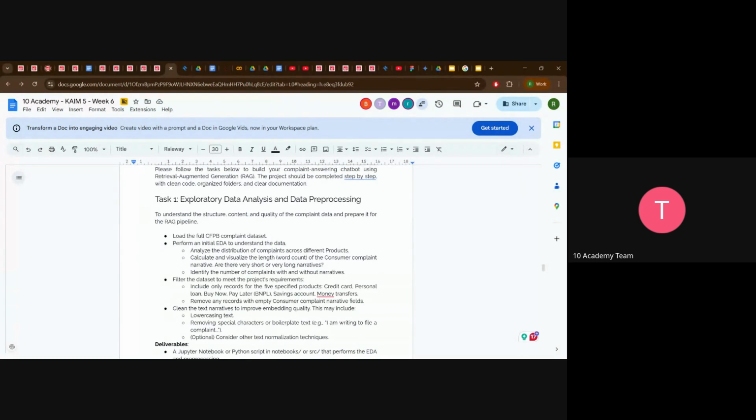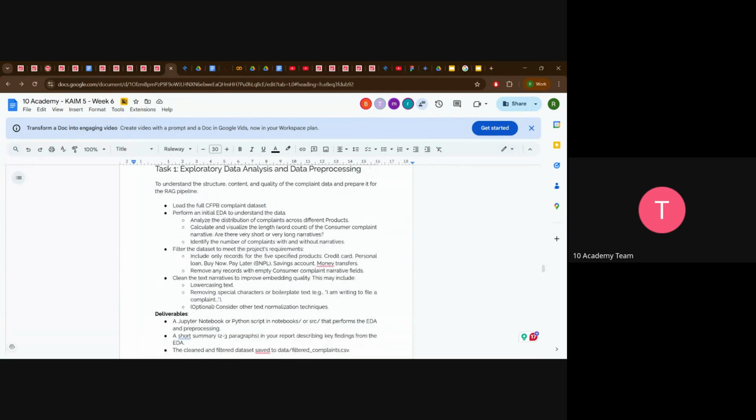So specifically on the EDA or the data processing part of task one, what you are expected to do is counting, like doing the word count, which was done before, I guess. So I don't have to worry about cleaning the data.